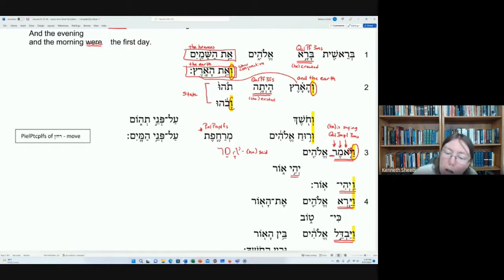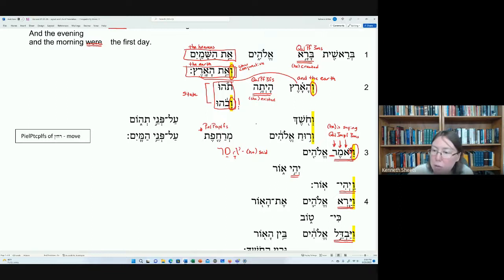That wa on the front is actually, again, another vav with a simple vocal schwa. It has changed form a little bit to be pointed with the qamets instead of the vocal schwa because of the fact that these two words, the tohu and vohu, are very closely related. And so to indicate that close relationship, there is that change in the pointing. But it's basically just another vav conjunctive there.